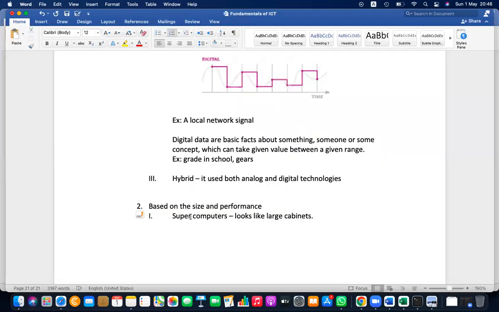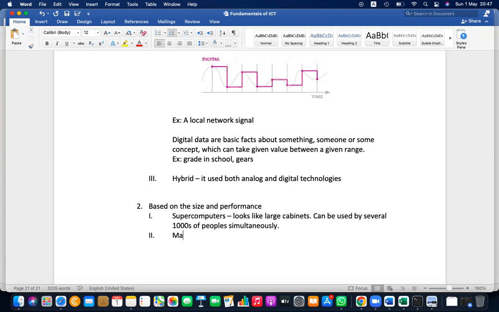A supercomputer can be used by several thousands of people simultaneously. A large audience can use it simultaneously.